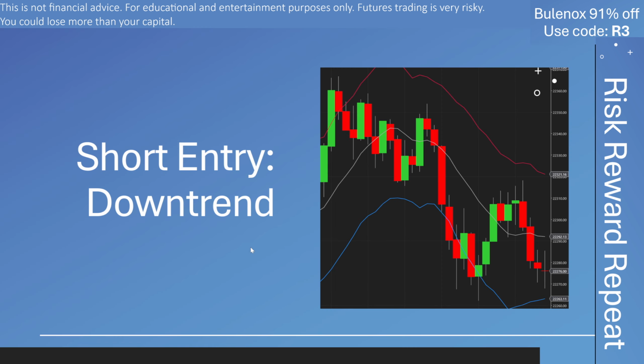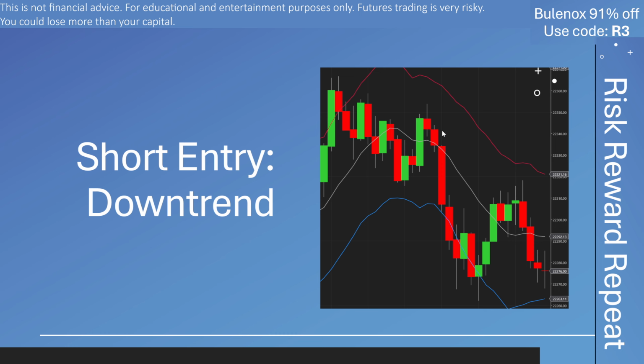So for a short entry in a downtrend, here's a screenshot. We're looking at the downtrend, and in a downtrend we wait for a bar to close above the midline. Right here, this green bar closes above the midline, immediately followed by a red bar.